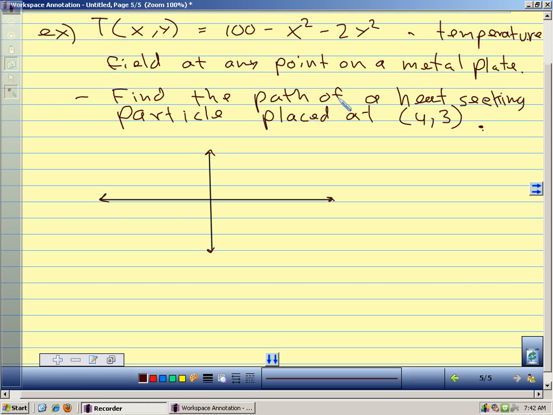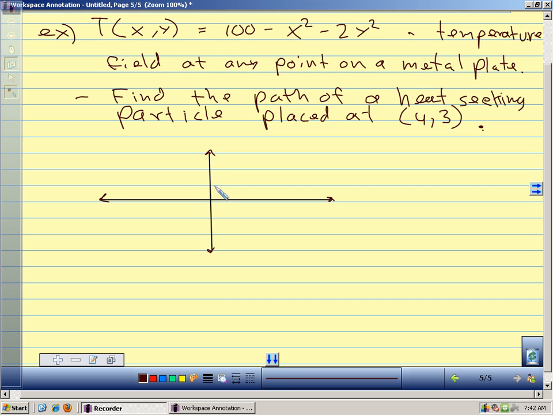It's an ellipse, and the major axis is x or y? If we set this equal to a constant, the major axis is going to be in the x direction, because for our ellipse we want it equal to 1, so we're going to be dividing by the biggest number under x.